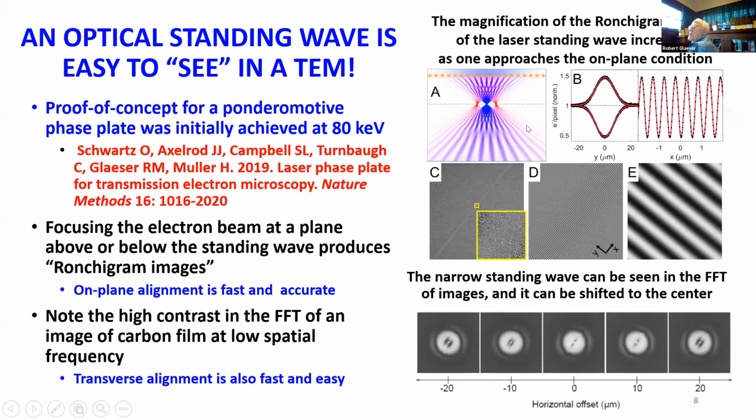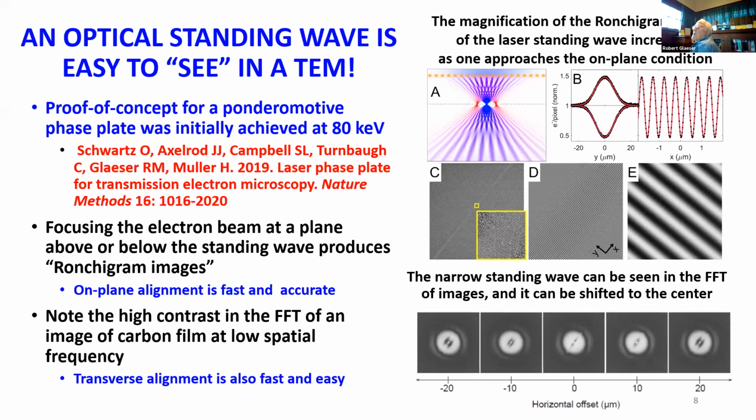So enough explanation. Don't want to use up more time. Panels C, D, and E are examples of the Ronchigram. In C, taken far away from the laser streak, you see just a white streak going across diagonally. You zoom in and you see the maxima and minima of the standing wave.